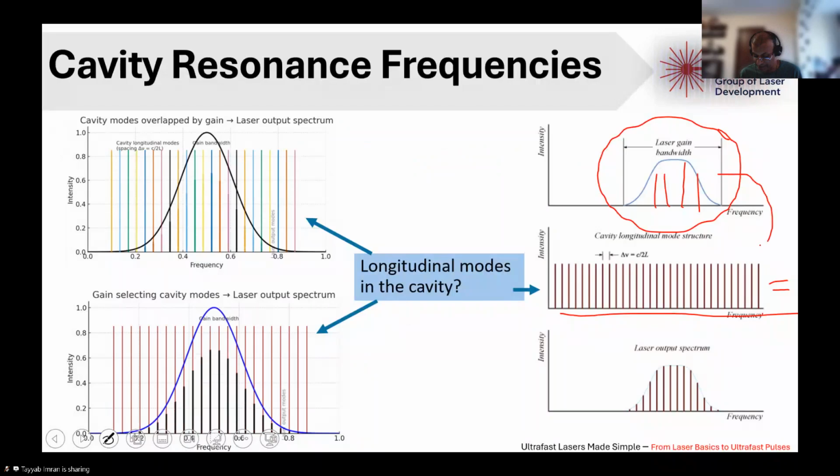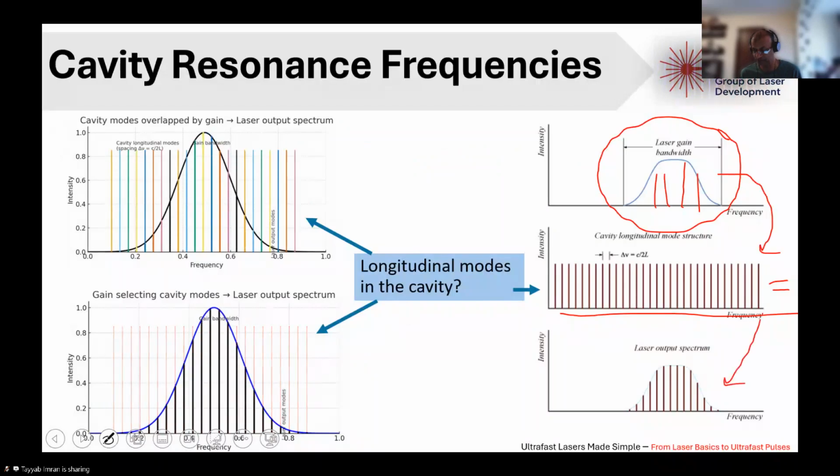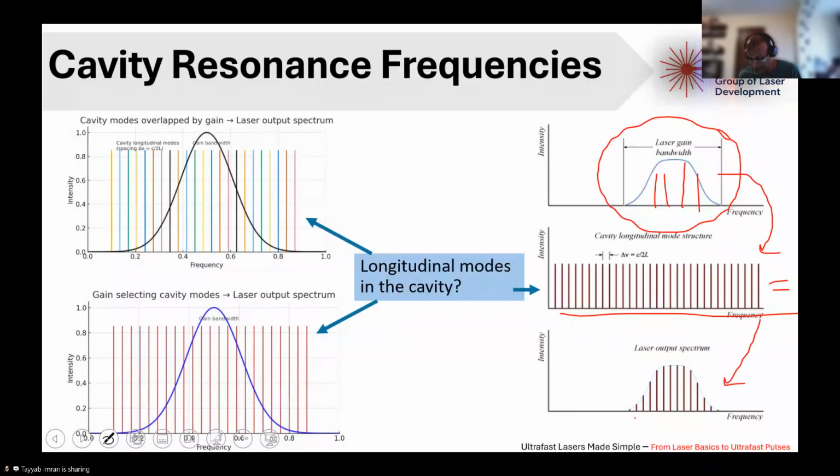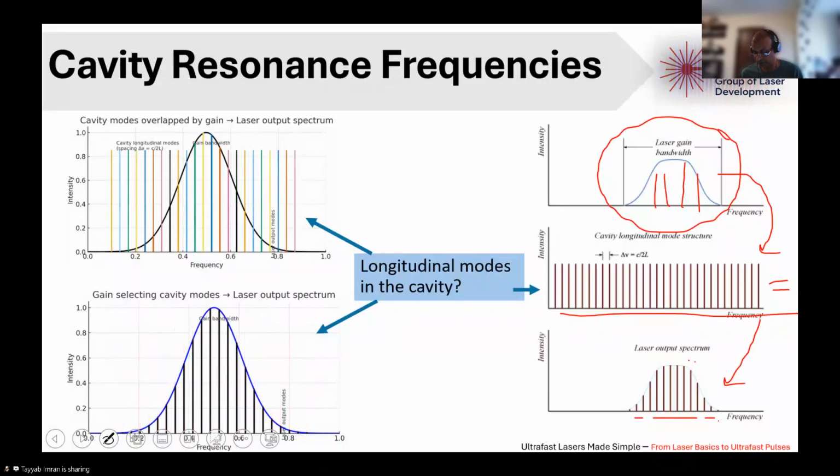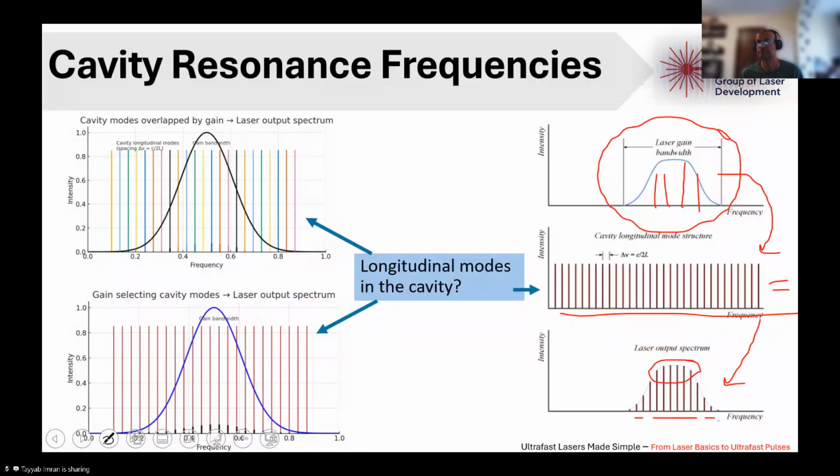If we combine this and this, we get this one. So only these modes, or separated frequencies, can oscillate because they are under the gain of the medium we are using. Most oscillating frequencies will be here, and these will be less.